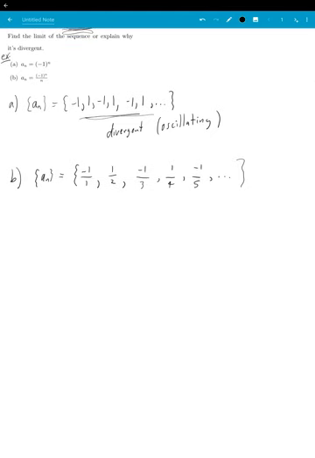And we can prove this by saying that (-1)^n is between 1 and -1, right? So therefore, -1 over n is less than or equal to (-1)^n over n, less than or equal to 1 over n.